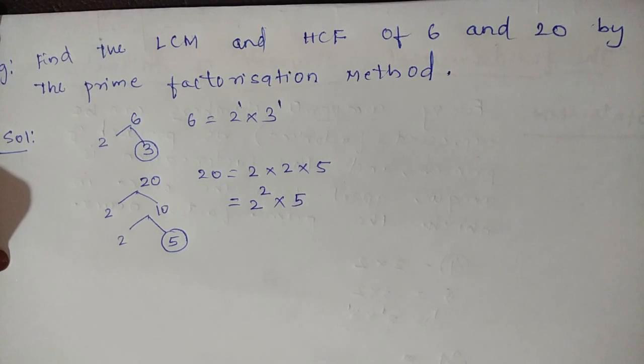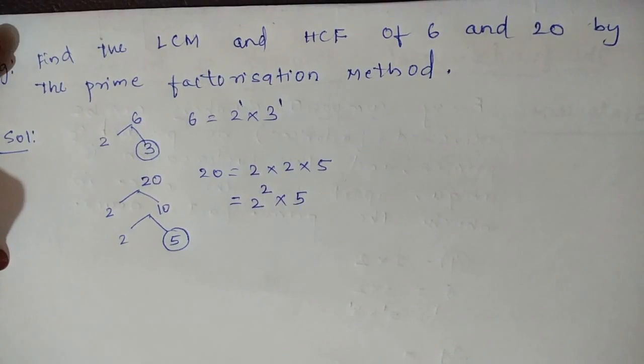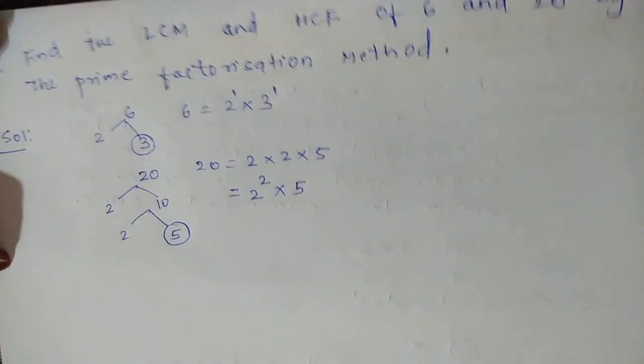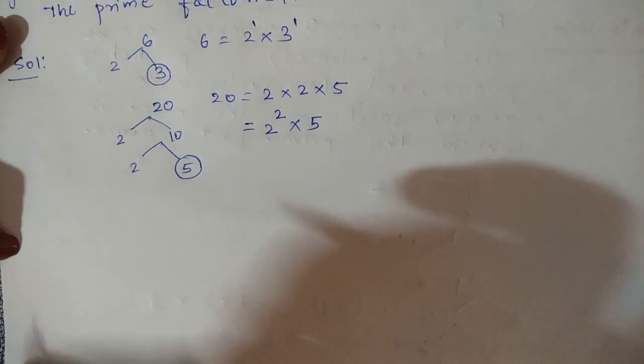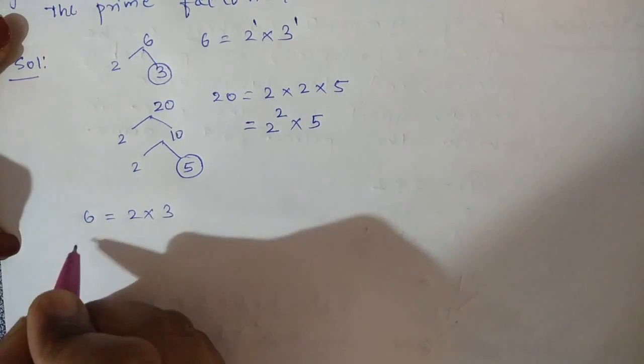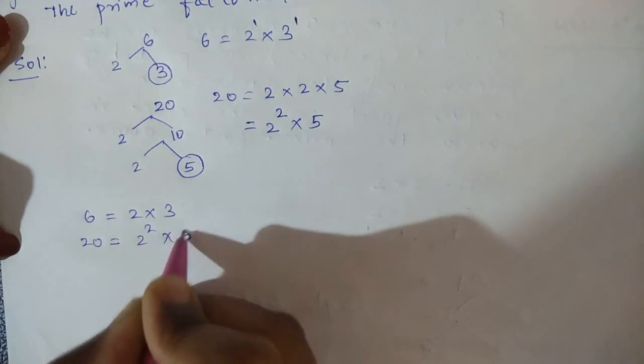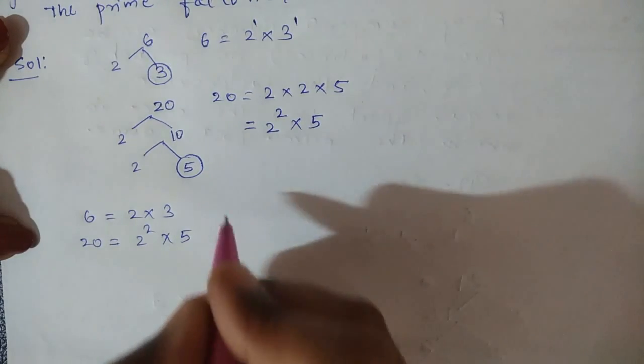Okay, now let's come to see the HCF and LCM of these two given numbers by prime factorization method. So the very important thing when you find the HCF and LCM of the given two numbers. So here you can see that 6 is written as 2 into 3 and 20 is written as 2 square into 5. What was our HCF?